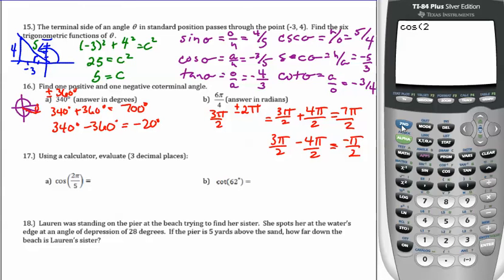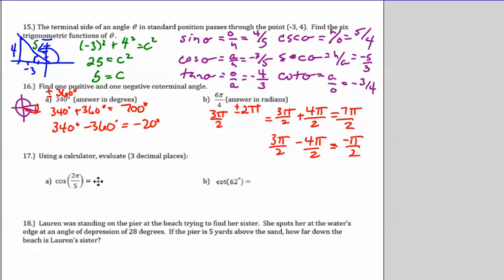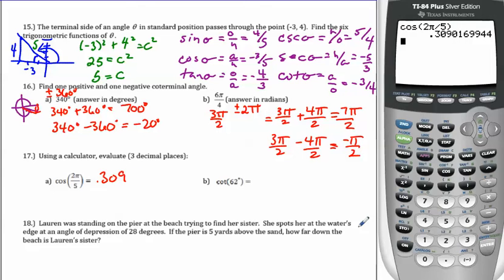The pi, I need second, and then this one here, caret, that gives me 2 pi, divided by 5. And it says to round my answer to 3 decimal places, so I have, let's go back to my pen, 0.309.